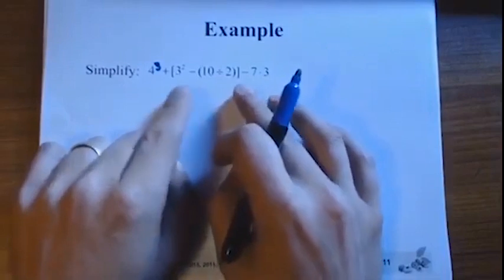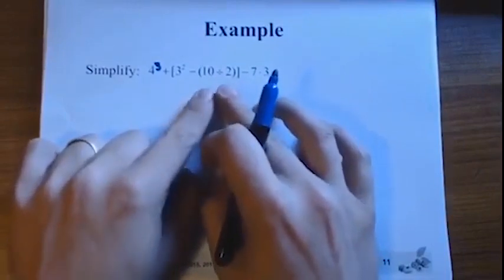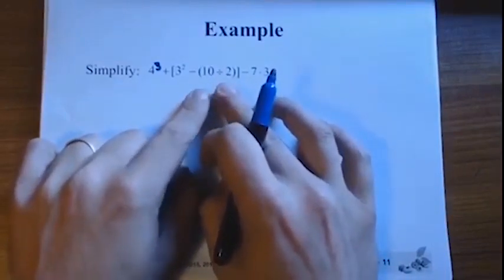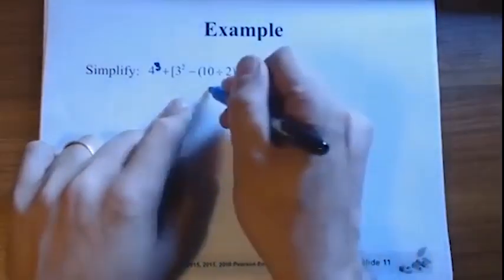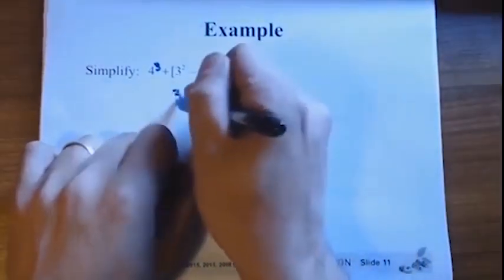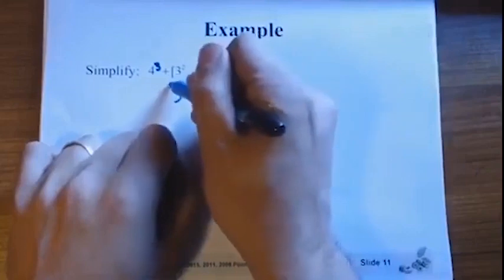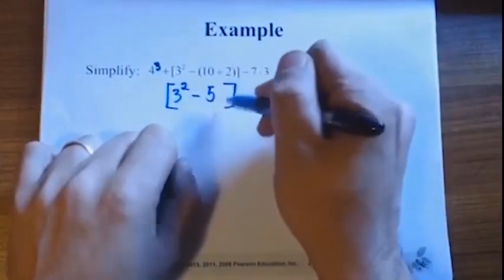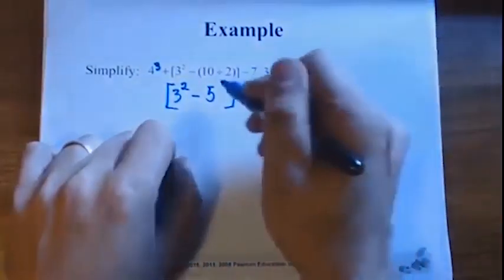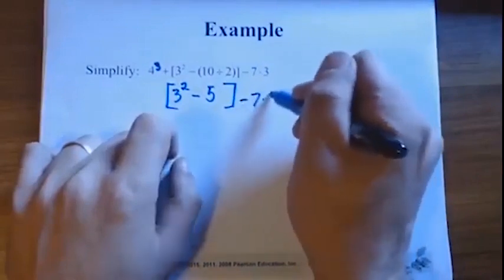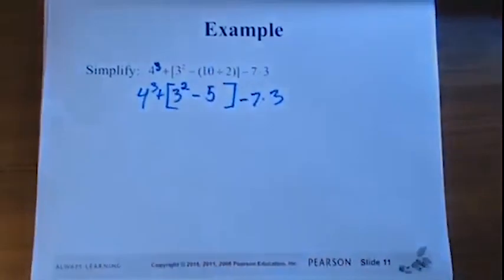So, parentheses first, and we need to go to the innermost set. So 10 divided by 2 is 5. Write everything else except that 10 divided by 2 is now a 5. Everything else is the same.